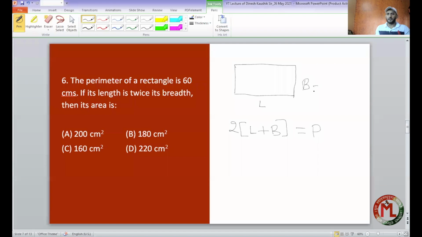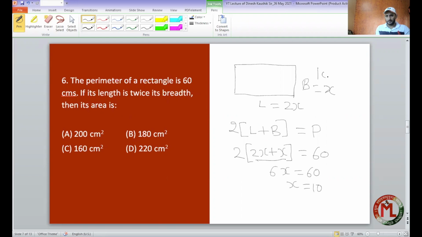So my dear, if I consider the breadth as x, in that case the length will be 2x. Let us put these values. 2 into 2x plus x. This is given to be 60. So what will you get? 2x plus x is 3x into 2, 6x is equal to 60. So from here, we can say that x is equal to 10.